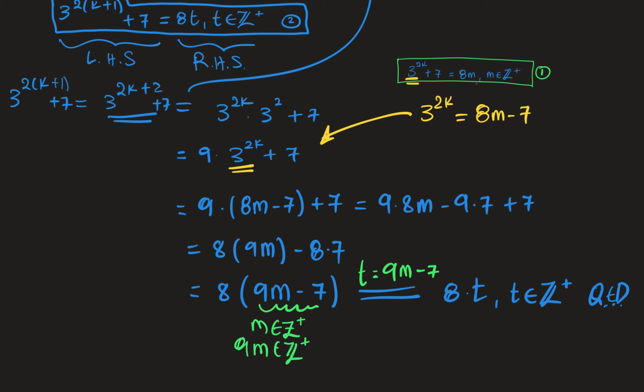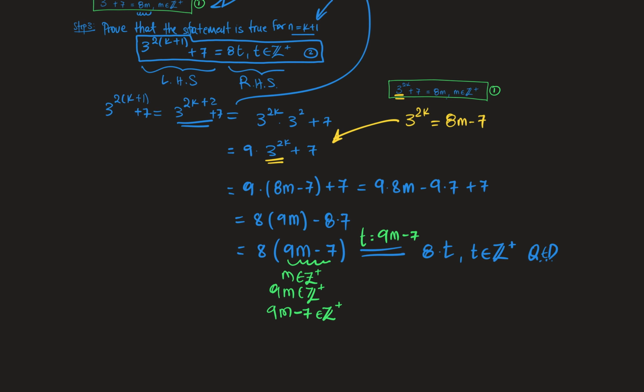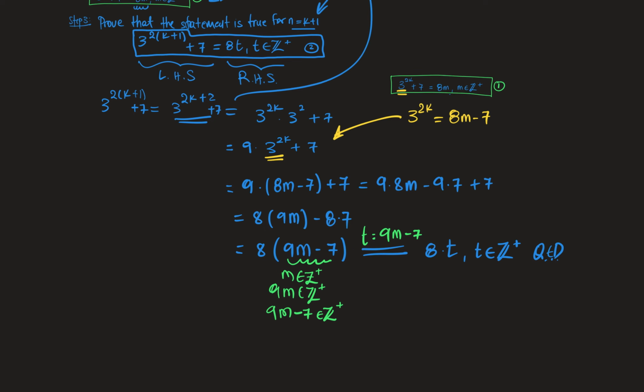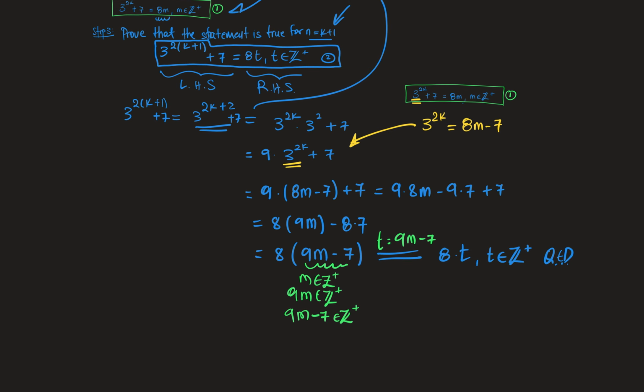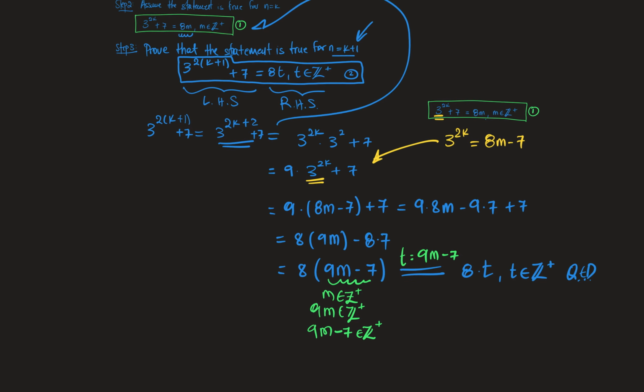And then, of course, 9 times m minus 7 also belongs to the positive integers, and this is how the proof works.